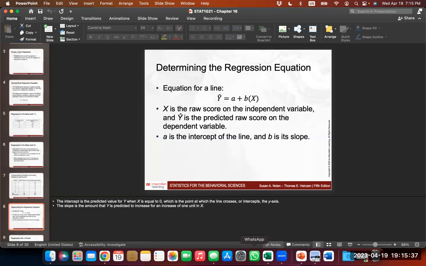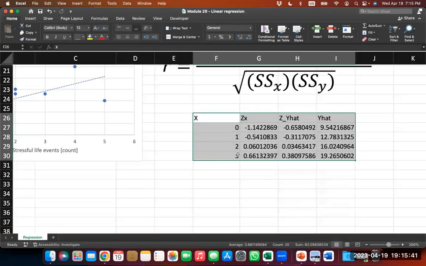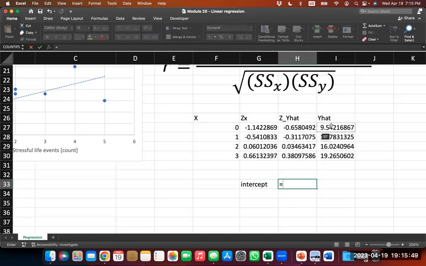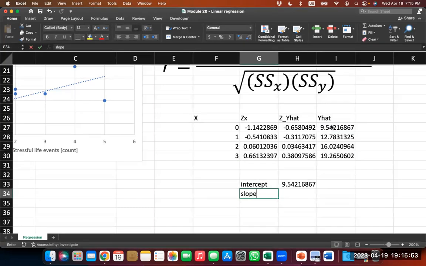The intercept is where x equals 0. So we know the intercept already, which is 9.542.